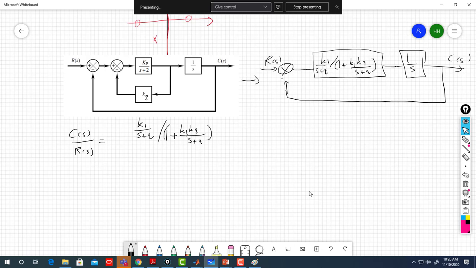Now for this you can also do forward over 1 plus loop, which is K1 over S plus 2, over 1 plus K1 K2 over S plus 2.